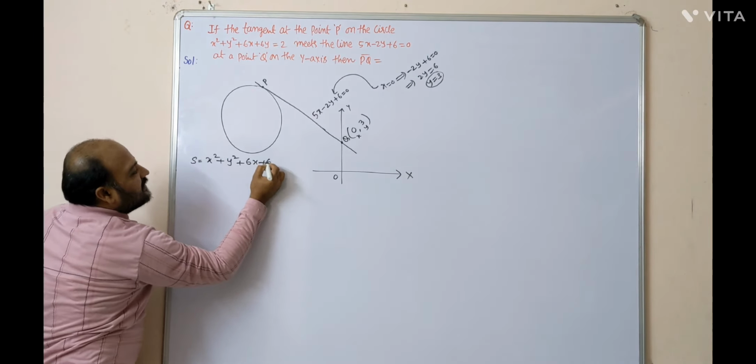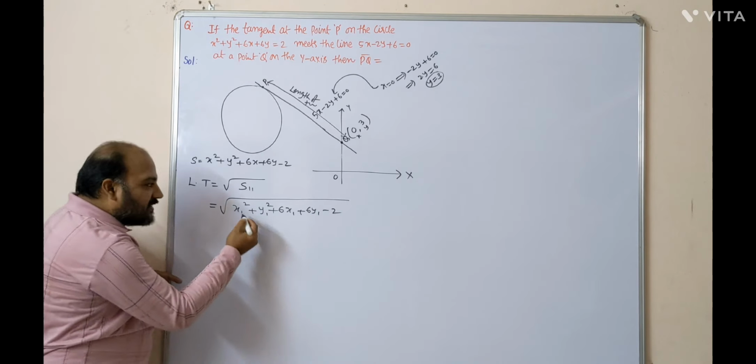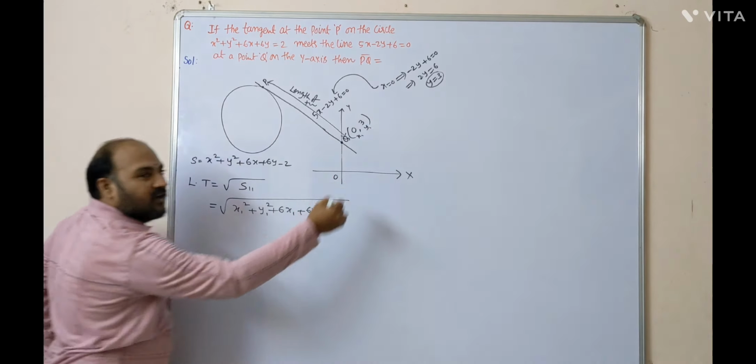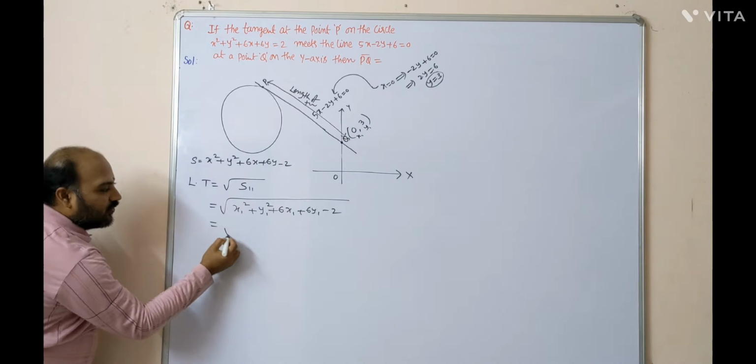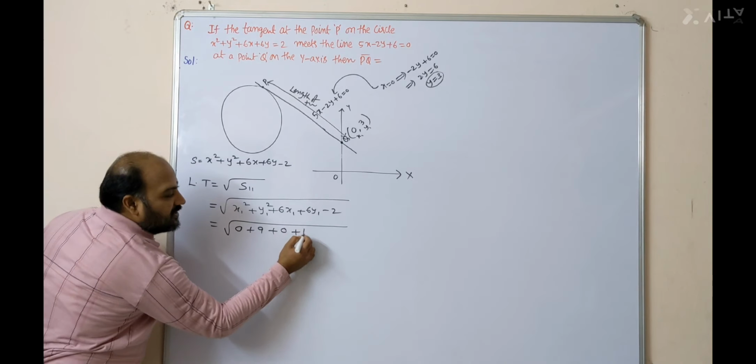What is the formula for the length of tangent? LT equal to root S11, that is equal to root of x1 square plus y1 square plus 6x1 plus 6y1 minus 2. What is x1, y1? This is x1, this is y1. So wherever x1 is there, replace with 0, and y1 with 3. 0, 9, 0, 6 threes are 18, minus 2.